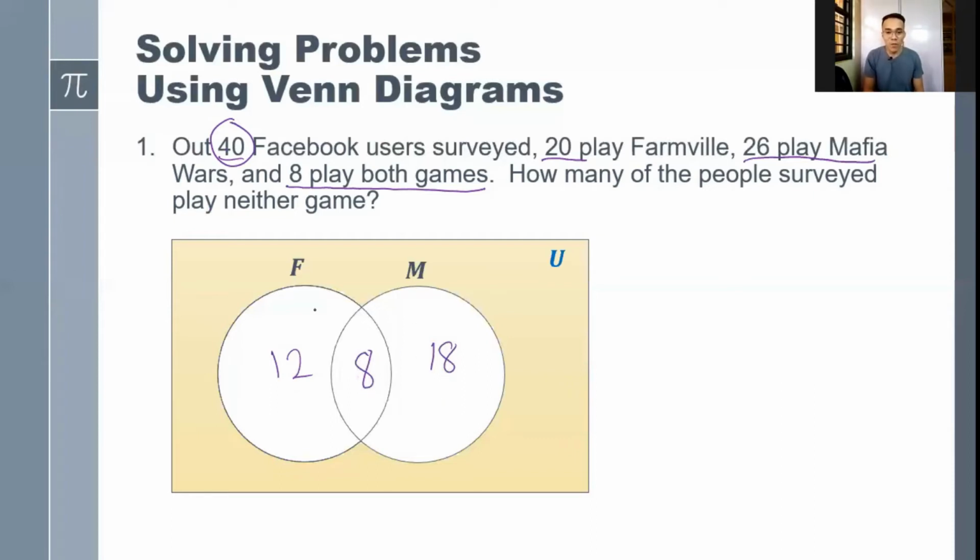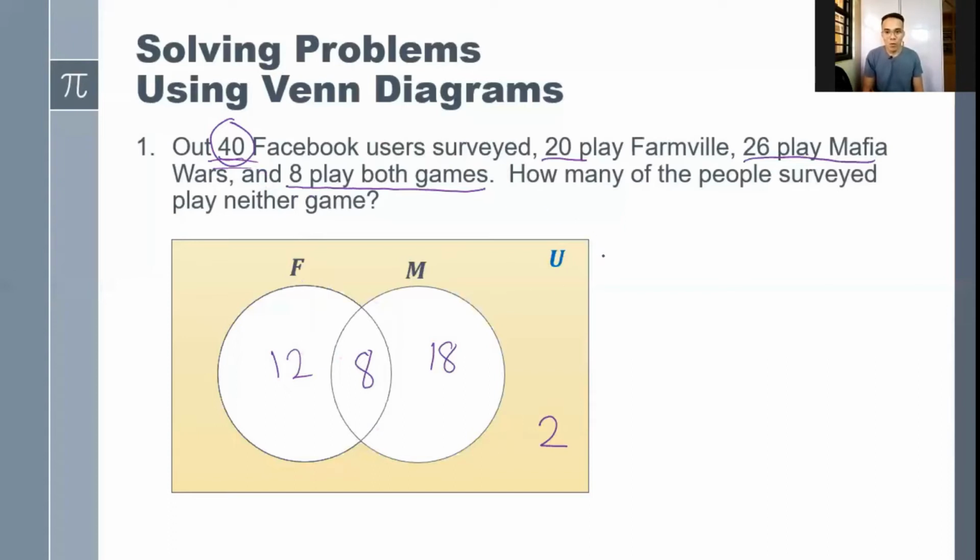So far, we have a total of 38 players, but the problem mentioned a total of 40. So where do we put the remaining 2? The remaining 2 is not in set Farmville, is not in set Mafia Wars, it's just outside. Anywhere outside as long as it is in the universal set. So we put here 2. So we have now a total of 40.